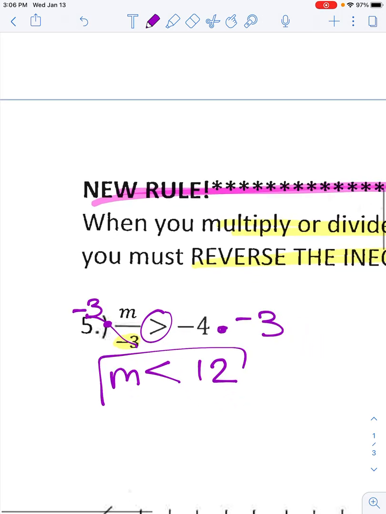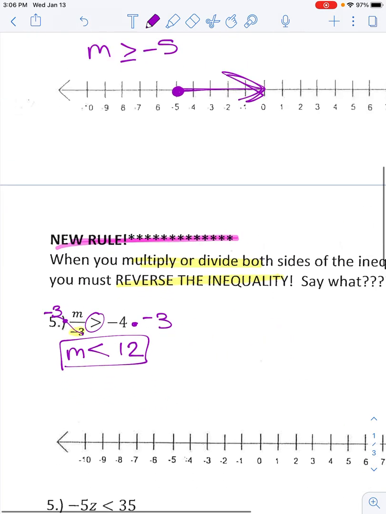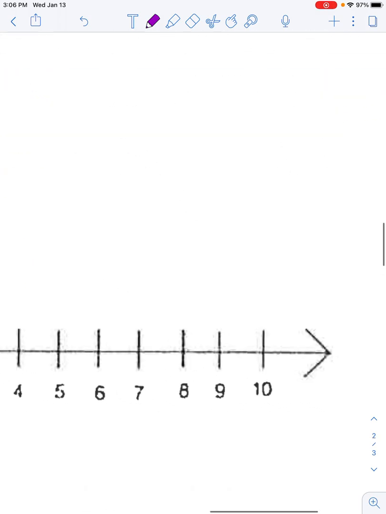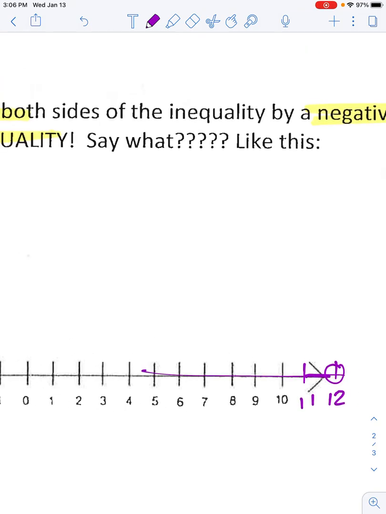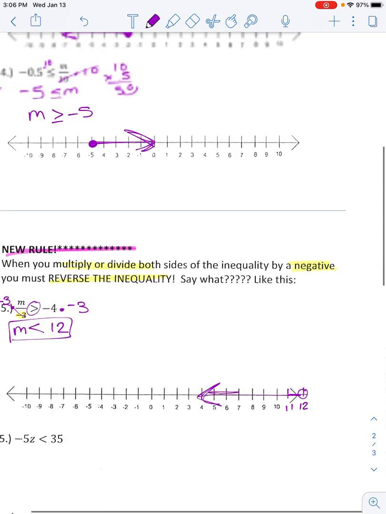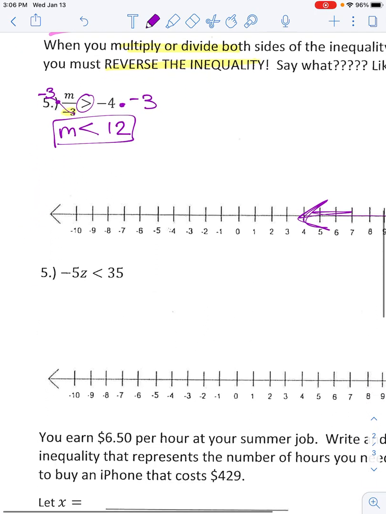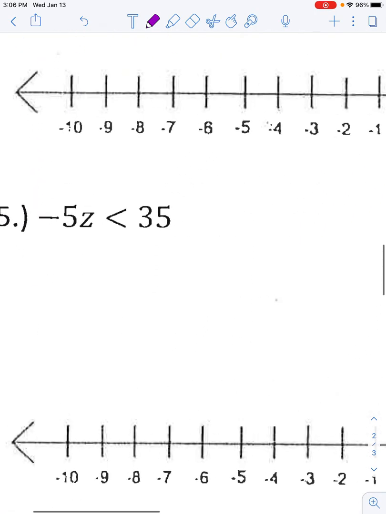Multiply or divide like normal. A negative 4 times a negative 3 is a positive 12. So m is less than 12. Find 12 on the number line. It's not there, so we'll add it there. It's an open circle because it's all the numbers less than 12, pointing to the left.